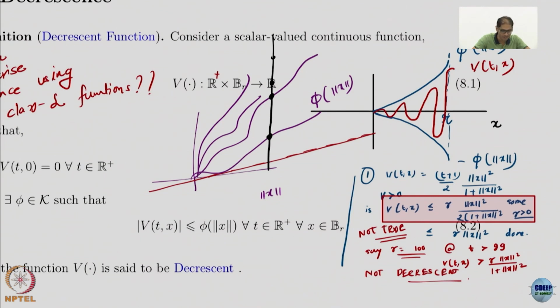But my V, this guy, is not just a function of states in this case, there is another element that I can play with, it is time, right. So this picture is not very representative. Whatever value of these guys you give me, your class k function is frozen.